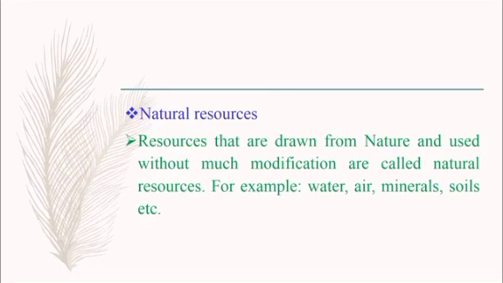For example, the water found in lakes and rivers, the air around us used for breathing, minerals of different types, soils. All these are examples of the natural resources that are present around us. We use all such resources directly. These are also free gifts from nature.